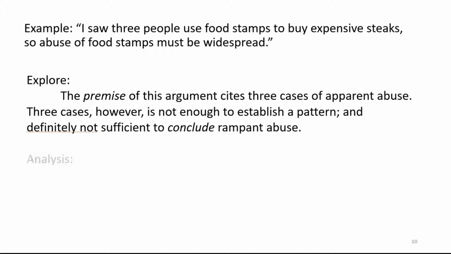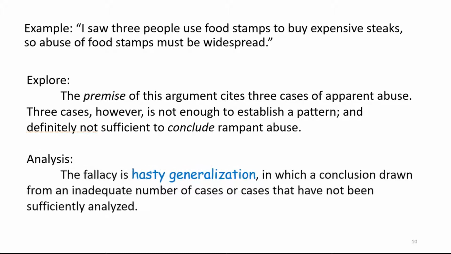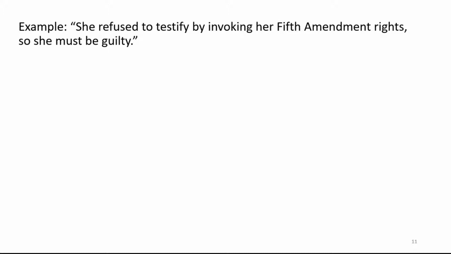The analysis here: the fallacy is hasty generalization. A hasty generalization is one in which a conclusion is drawn from an inadequate number of cases or cases that have not been sufficiently analyzed. Example: she refused to testify by invoking her First Amendment rights, so she must be guilty.